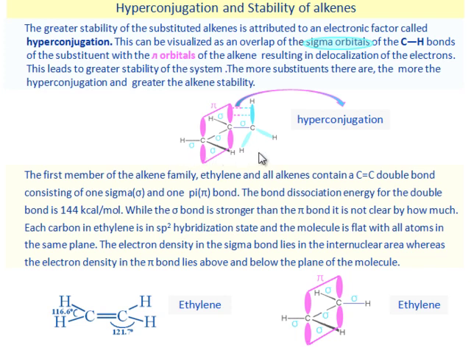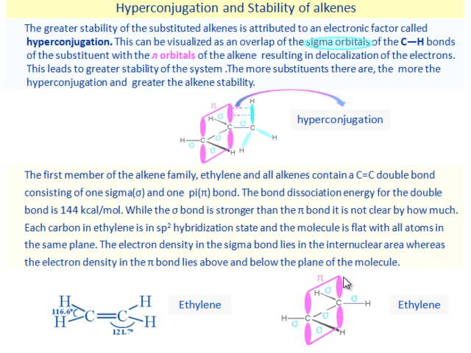The more substituents there are, the more the hyperconjugation and the greater the alkene stability. The first member of the alkene family, ethylene, and all alkenes contain a C=C double bond consisting of 1 sigma bond and 1 pi bond.